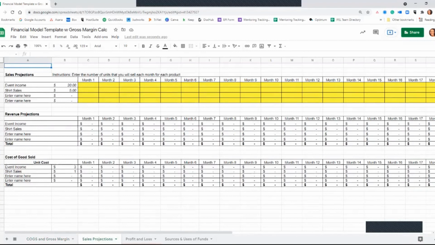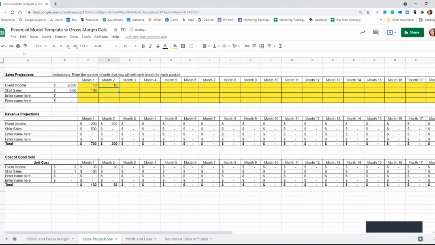And what you're going to do here, so you have your cost per product here, your cost per unit rather, here. And in these yellow cells, you're going to enter for each month, how many of those units are you delivering? So maybe they're having 10 events per month. And then here they're selling 100 shirts per month. And then you go through and populate that here.